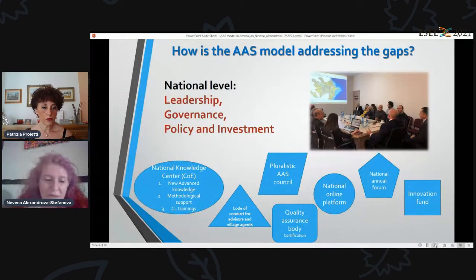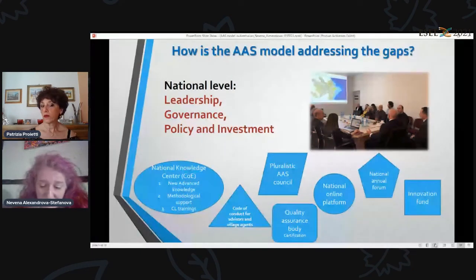One is the pluralistic council. This is a council for stakeholders for agricultural advisory services, composed of different types of stakeholders. You have NGOs, different public agencies, you have the private sector, and so on.